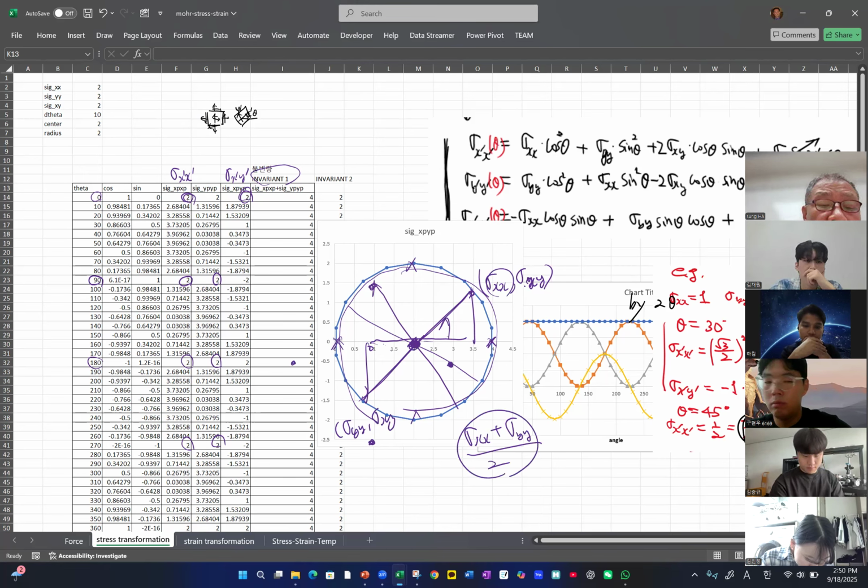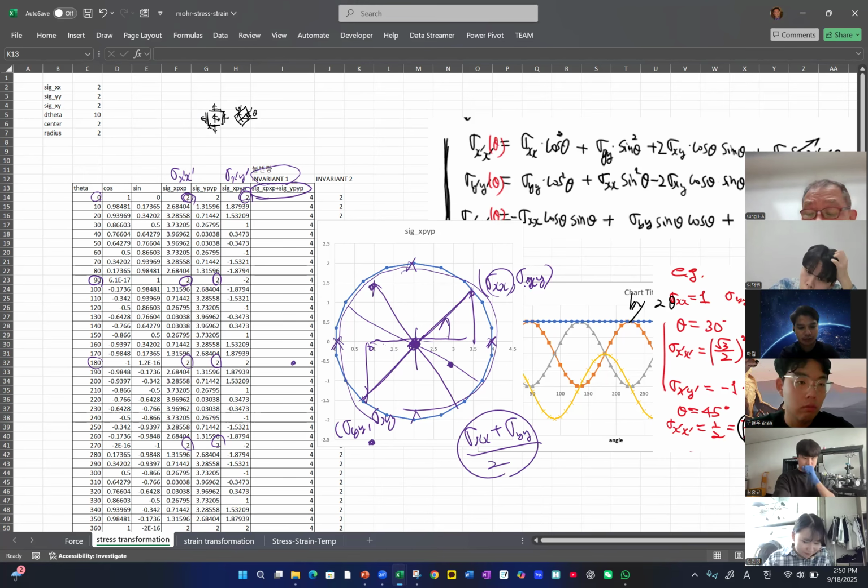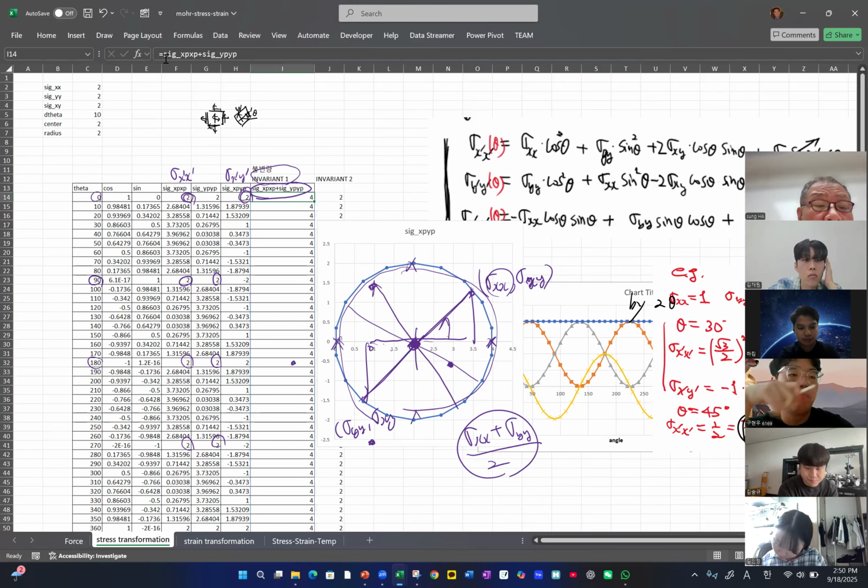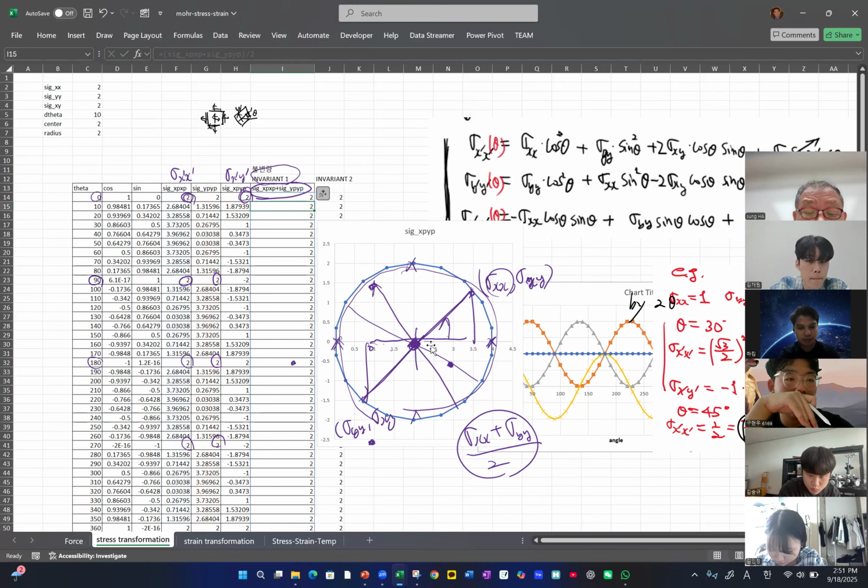That's why the two-term summation will remain the same. If we divide by 2, it gives us the center of the circle.